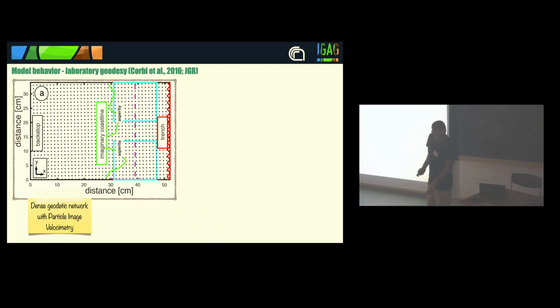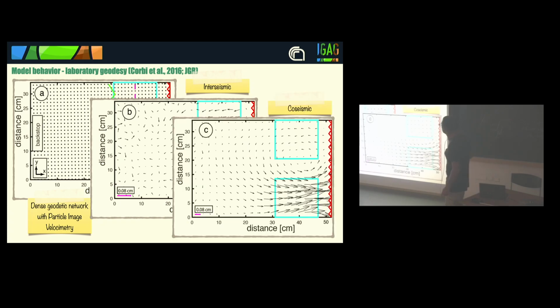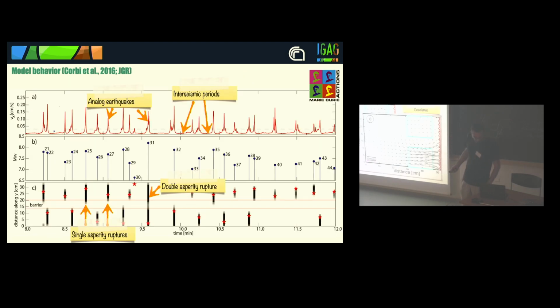So now about monitoring. We have implemented this analog of a dense geodetic network using particle image velocimetry. For each photo that we take of the experiment, we run digital image correlation, and we provide a vector field, in this case characterized by landward motion during the interseismic phase and seaward motion during the coseismic phase.